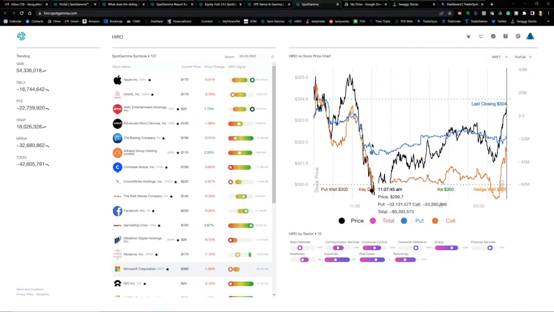That's the blue line, which is also a bearish or negative delta trade. So traders were both buying puts and selling calls.